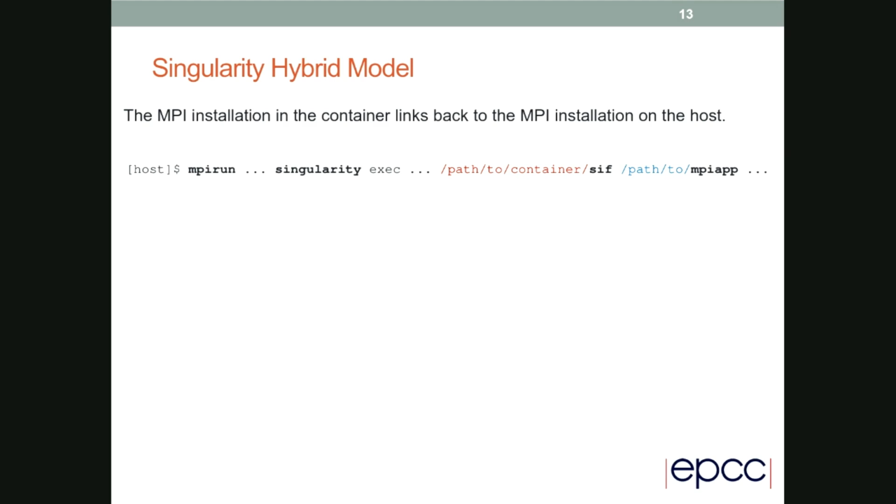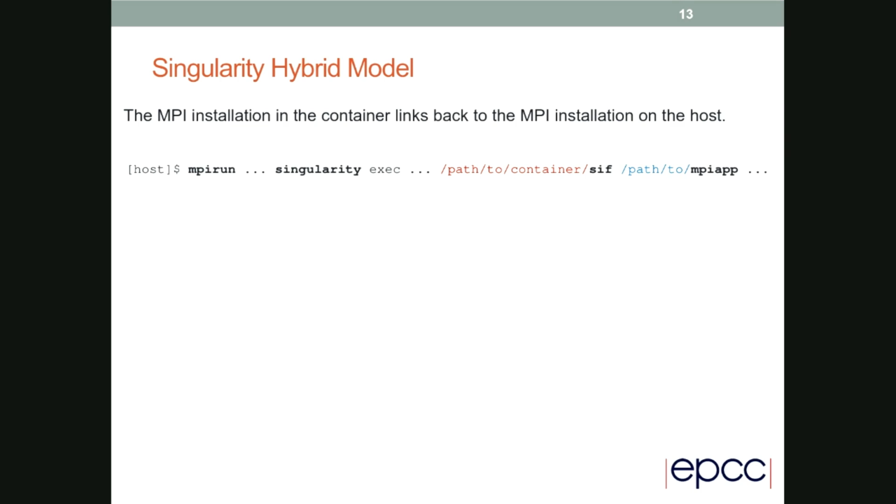So you've got the actual parallel job launcher, mpirun, which is OpenMPI's parallel job launcher. That will run and will launch Singularity, which will then instantiate the container from the image file.